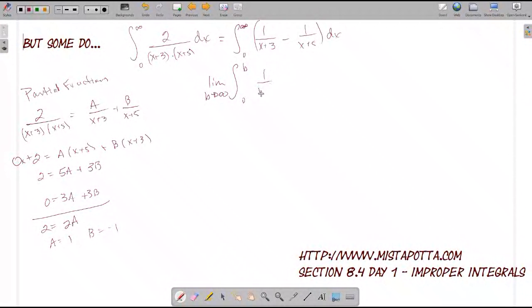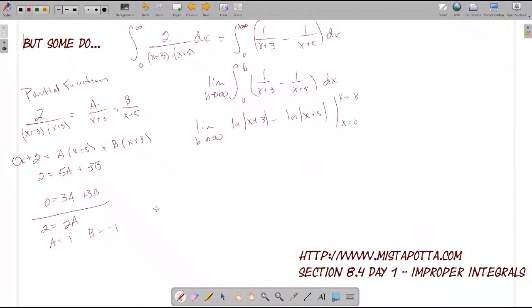So I'm going to have 1 over x plus 3 minus 1 over x plus 5, integrating that dx. So this is going to be the natural log of x plus 3 minus the natural log of x plus 5, which I'm evaluating from x equals 0 to x equals b as b increases without limit.